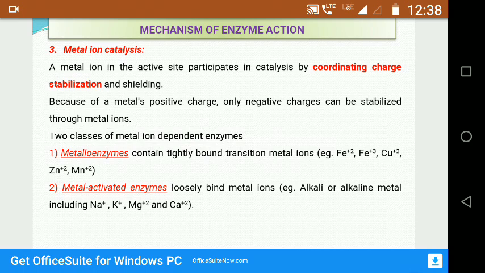So for the stabilization of substrate and transition state, the enzymes require positively charged metal ions for their activity.